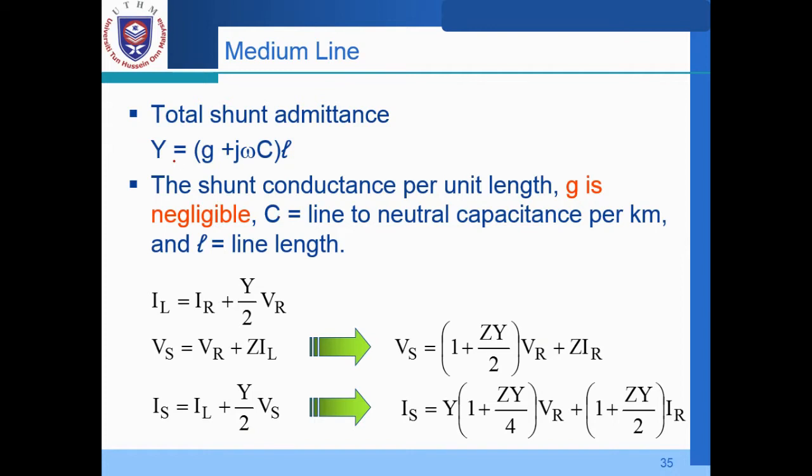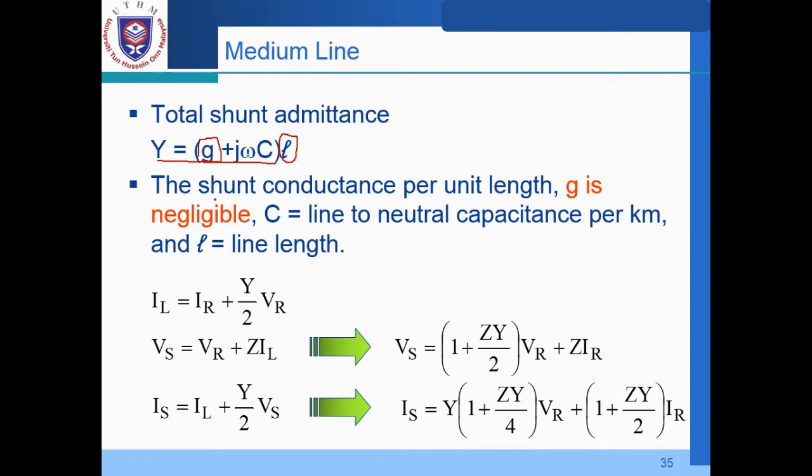And here the total shunt admittance is given by Y equal to G plus j omega C l. Again, l is the distance of the transmission line in kilometer. So G is the shunt conductance of the shunt admittance, which is actually the inversion of R, or ohms.